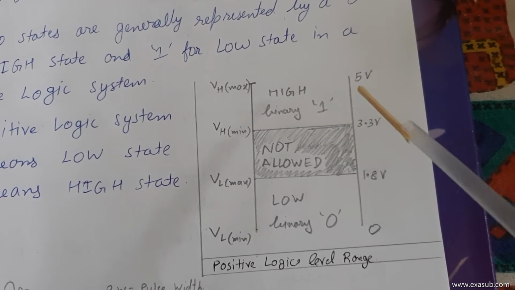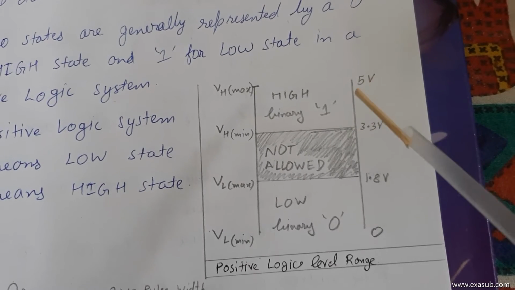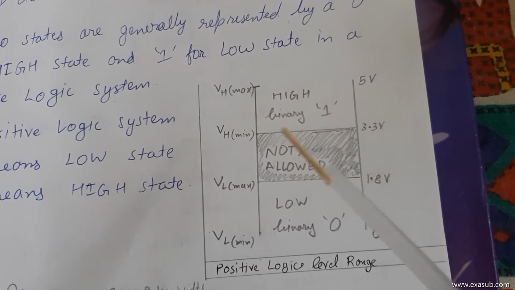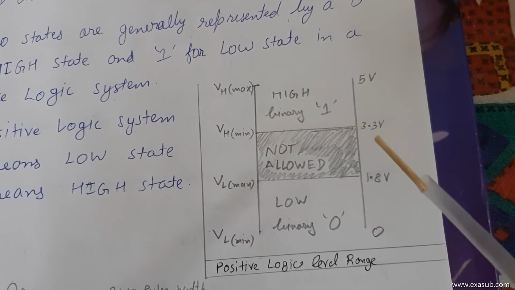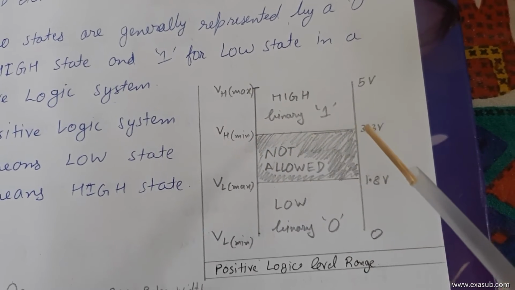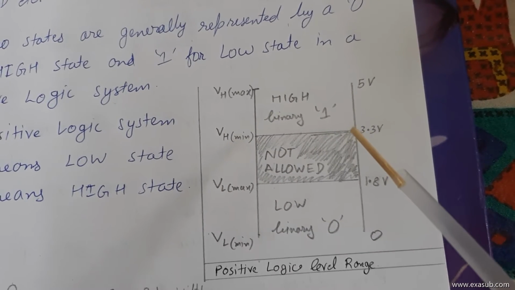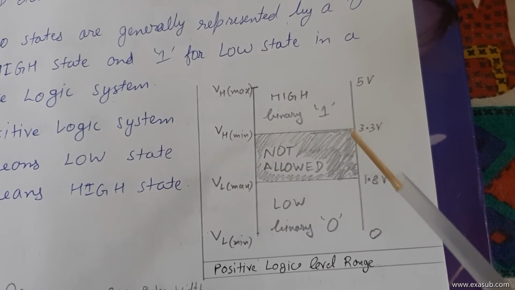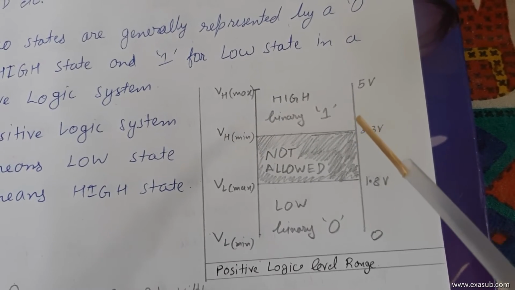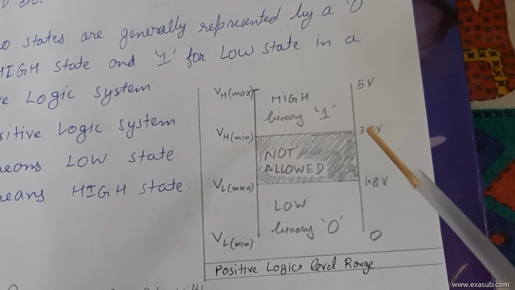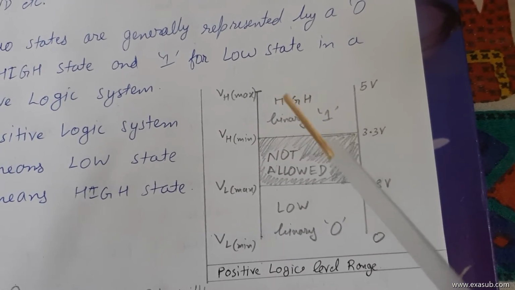And if the value falls between 3.3 volt and 5 volt, it will be considered a high state. In some TTL logics, this VH min can be as low as 2.7 volts. Here I am taking 3.3 volt just as an example. Most systems are designed such that if the value is above 3.3 volt, it will be considered as 1.